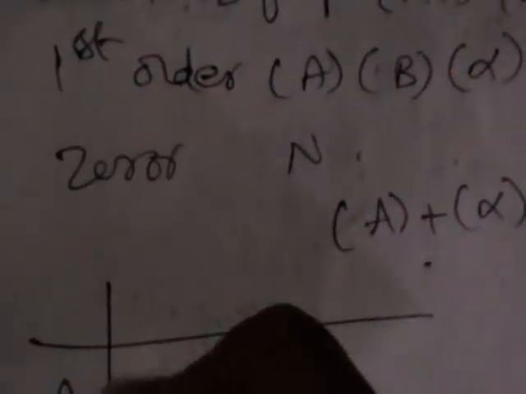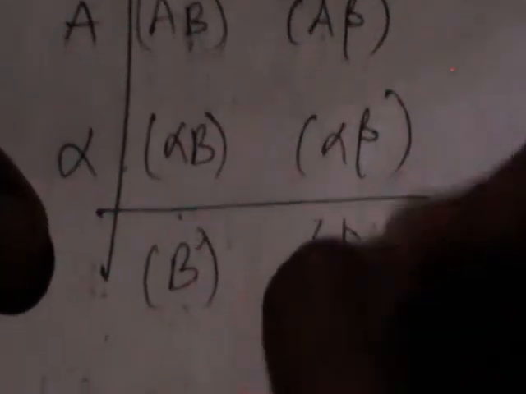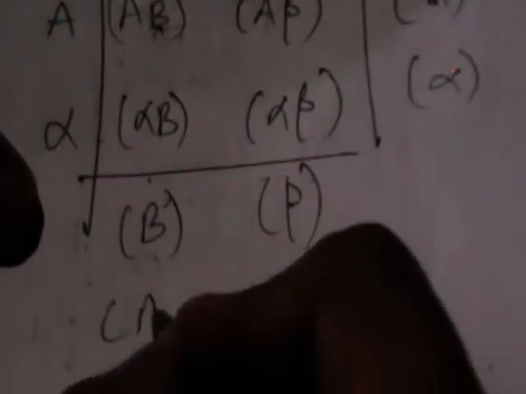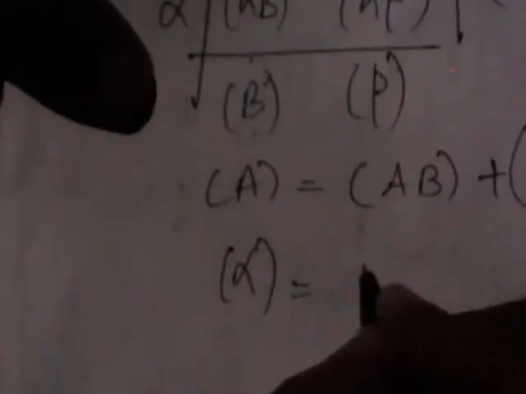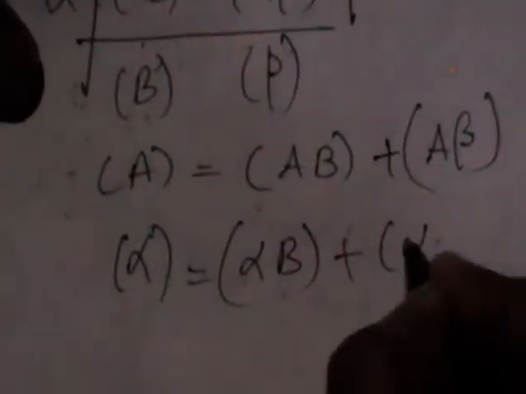Moreover, let us see again. I'll write the table here. How to write? A, alpha, B, beta. First one AB, A beta, alpha B, alpha beta. Their sums are here B, here beta, here A, here alpha. How do you get the formula for A? By adding these two, you get A. So we can write the formula for bracket A as AB plus A beta, and bracket alpha as alpha B plus alpha beta.